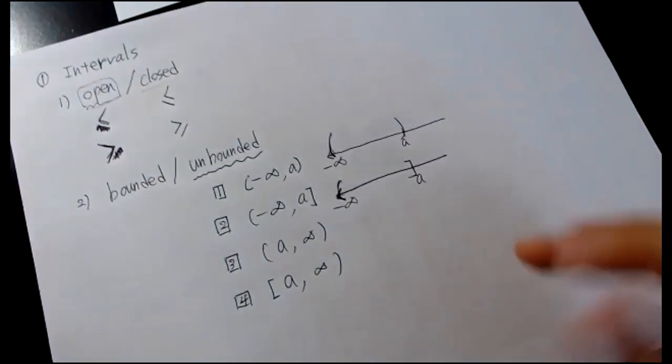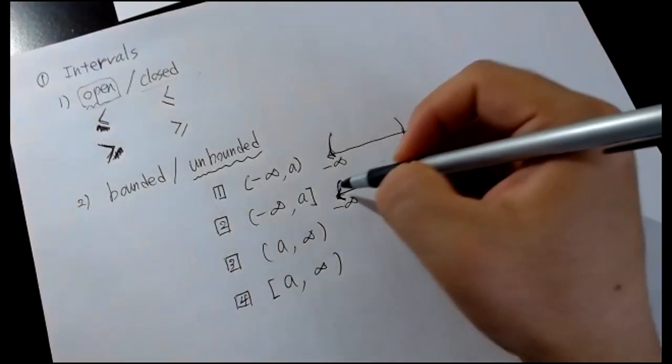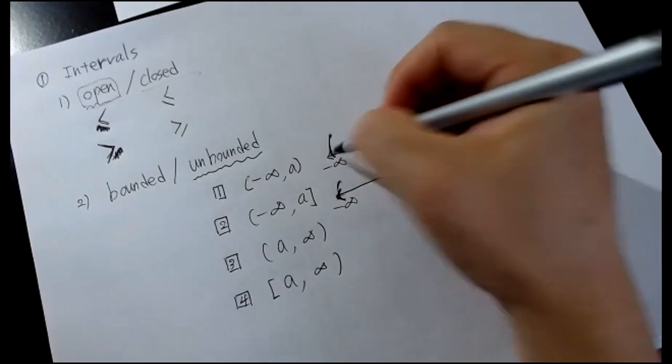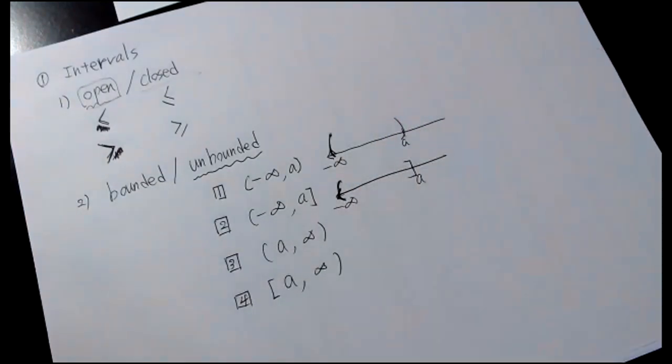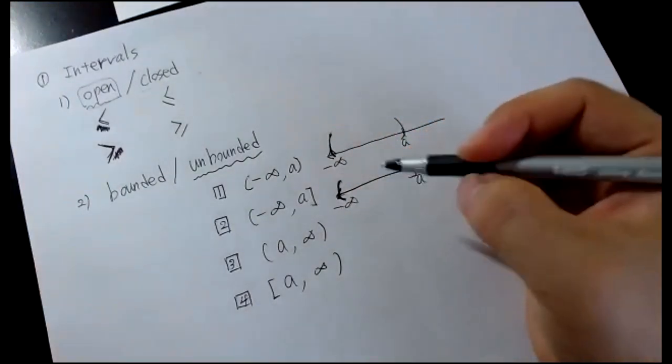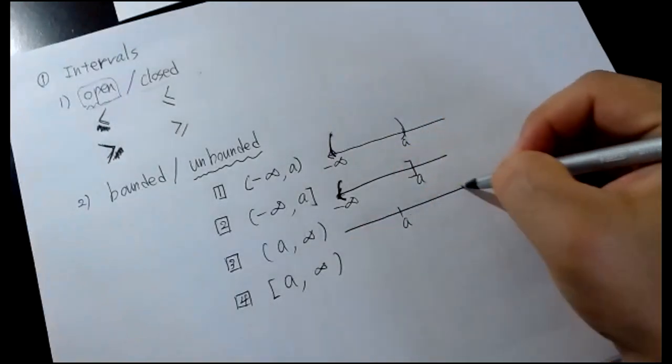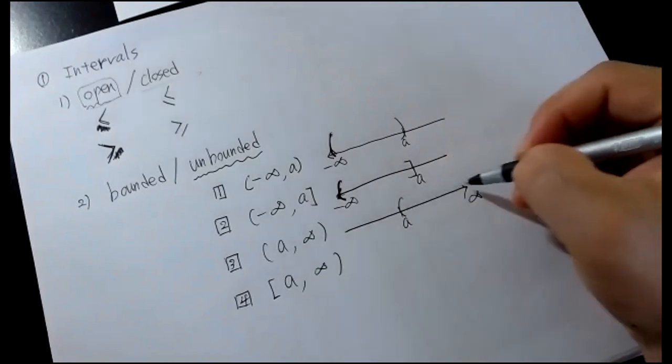I just prefer to put the parenthesis over the arrow sign. Okay, so now a to infinity. Here's a, and then here's infinity. So open.